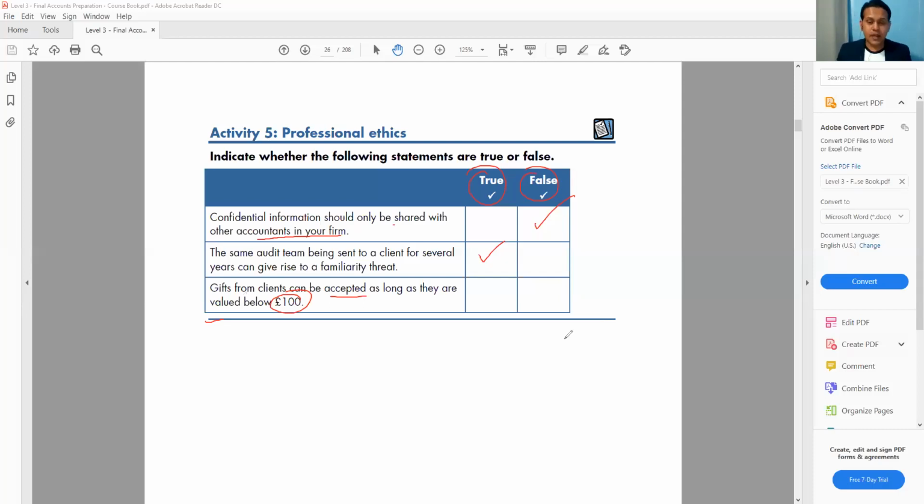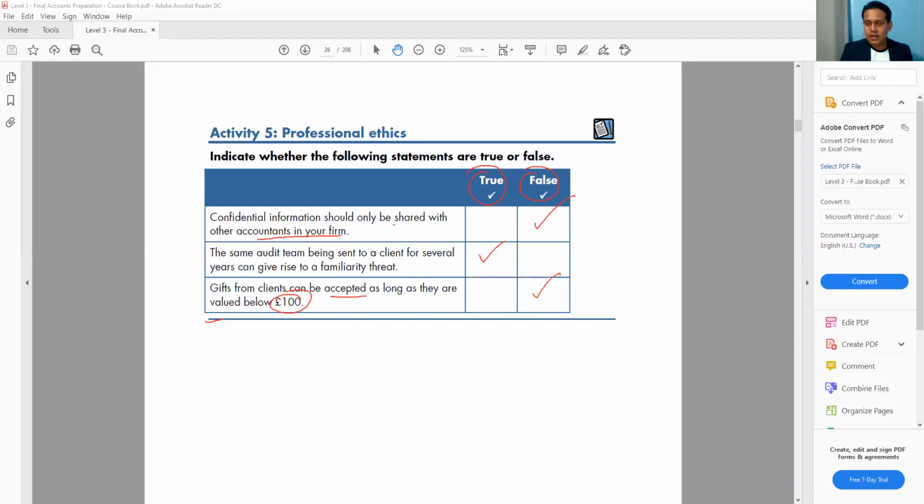For example, if the client is very happy with the company and brings some sweets, or gives you vouchers to watch the cinema for everyone, this may be accepted. But if he gives you something individually, to make you happy for any reason, this is not acceptable. You don't want to get involved in something where he gives you something to make you happy so that he can get his work done by you.